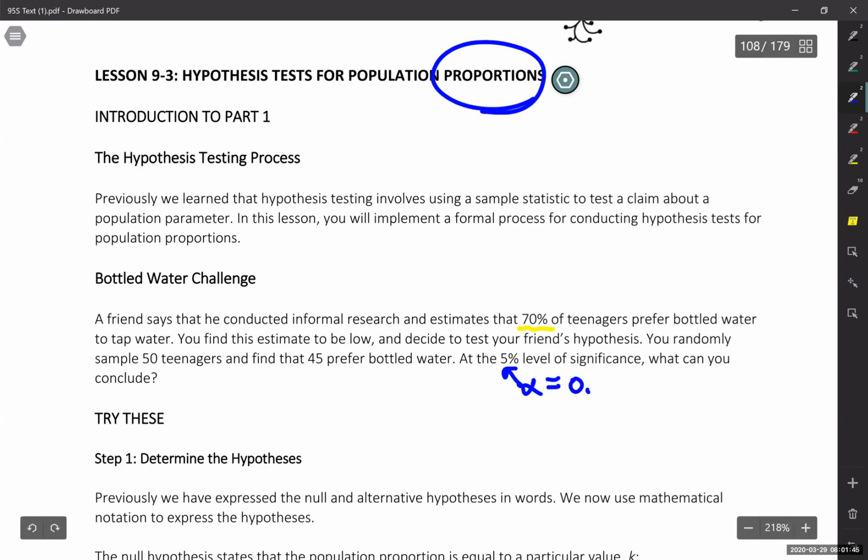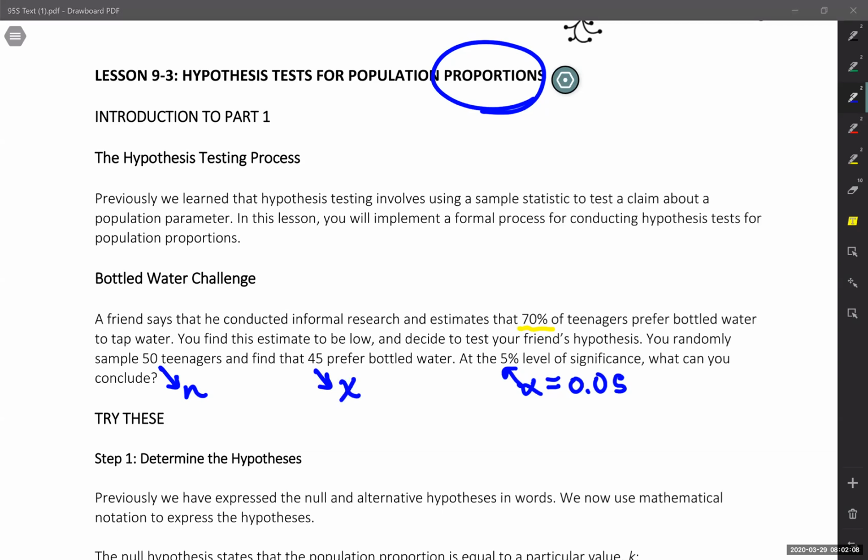Alpha is 0.05. But when I read the question and I see that 70% prefer bottled water is what the friend is estimating, and then you sample and it tells you how many you sampled and then how many preferred it, that's definitely giving us an X in this problem.